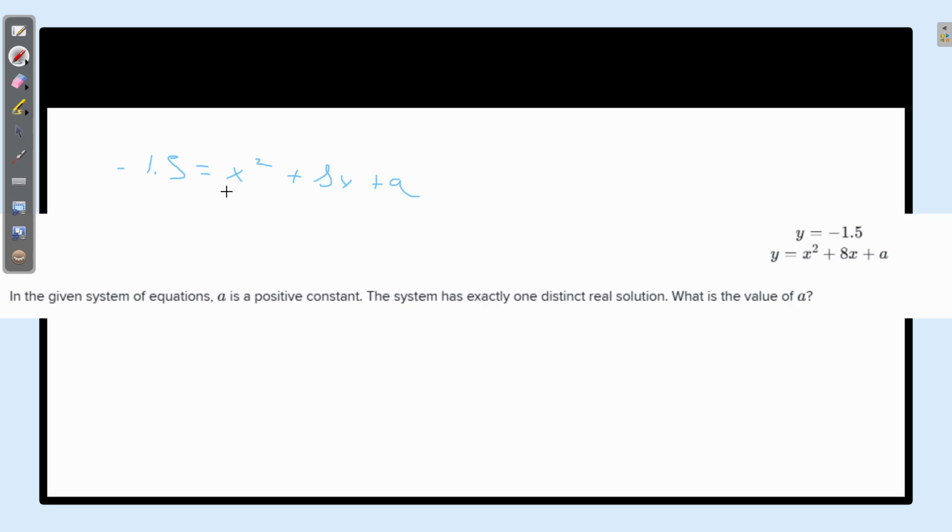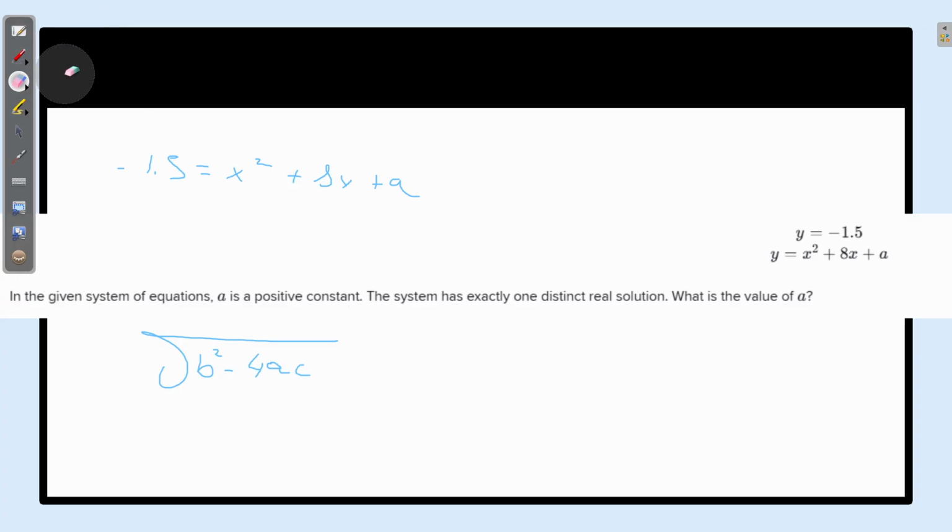Well, it's when the determinant of the equation is equal to 0. What is the determinant? Well, the determinant is b squared minus 4ac, the square root. And when this is equal to 0, there's only one solution.